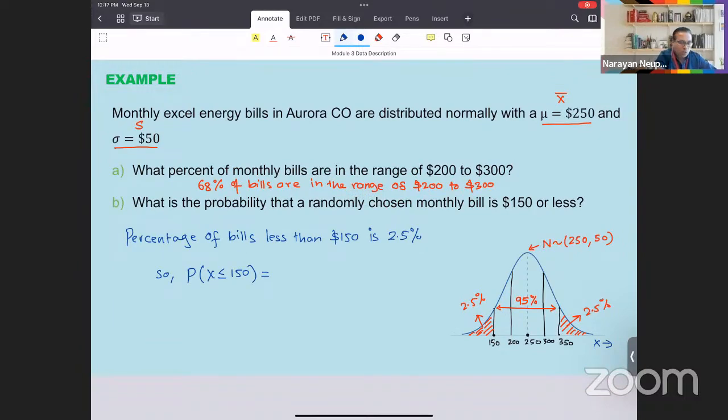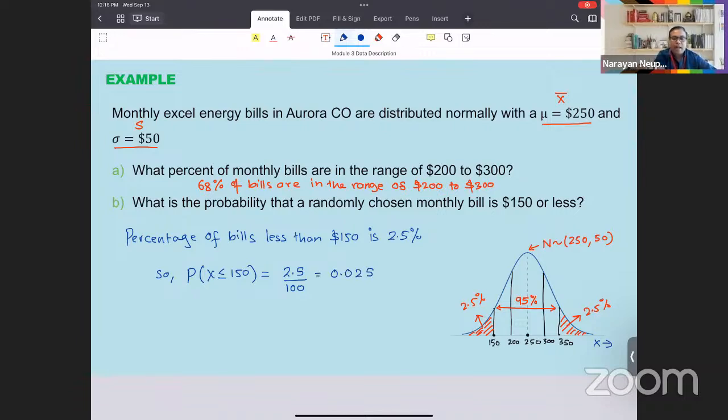see, the percentage is 2.5. If you want to change it to probability, divide it by 100. 2.5% means 2.5 over 100. And when you divide that, you'll get 0.025.